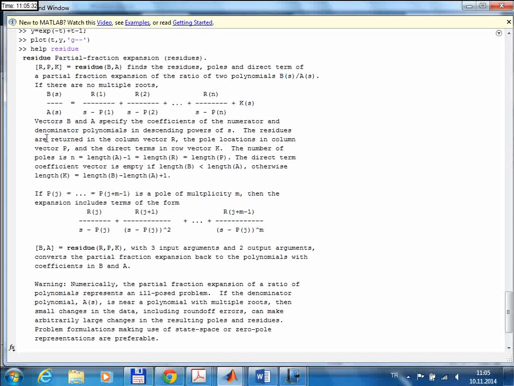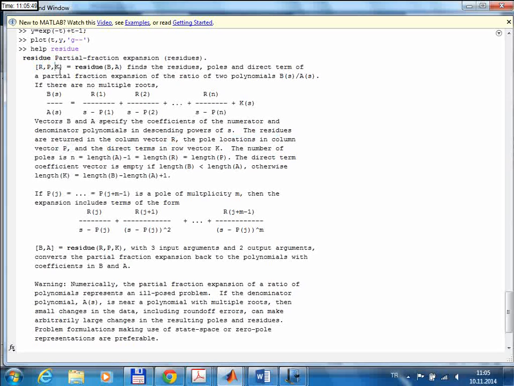Okay, so the residues are returned in the column vector R. So the first output gives you the residues. The second output P gives the pole locations in column vector, and the direct terms in row vector K. So the last term, we usually don't need that.